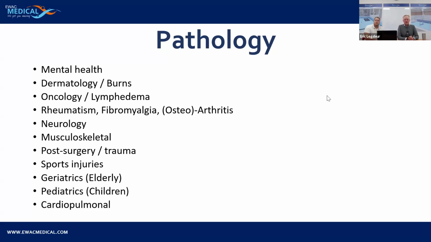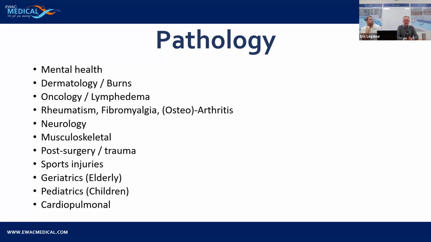Rheumatism, fibromyalgia, osteoarthritis. These are probably some diseases that you have heard of before. Neurology, we will show this in a nice video, but neurology is in itself a super wide field where many things can go wrong. Musculoskeletal problems.